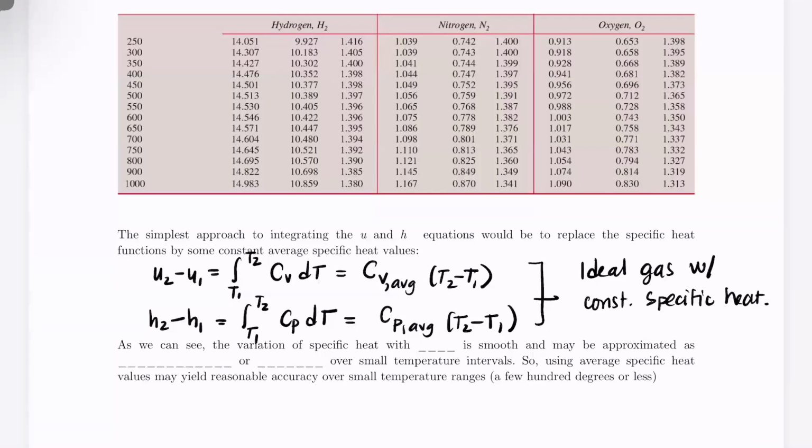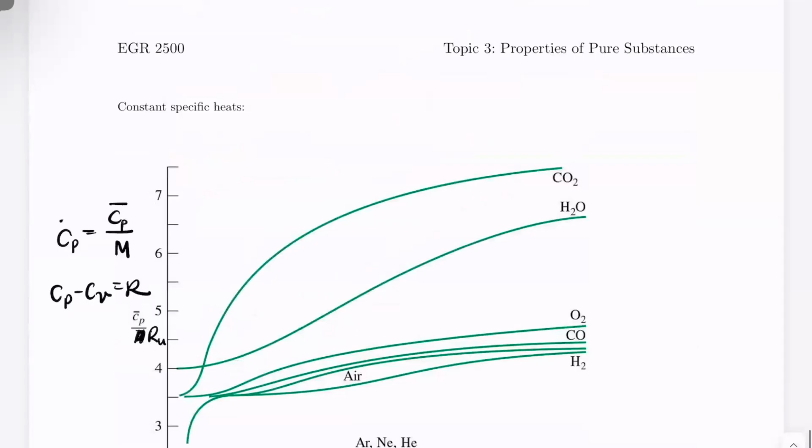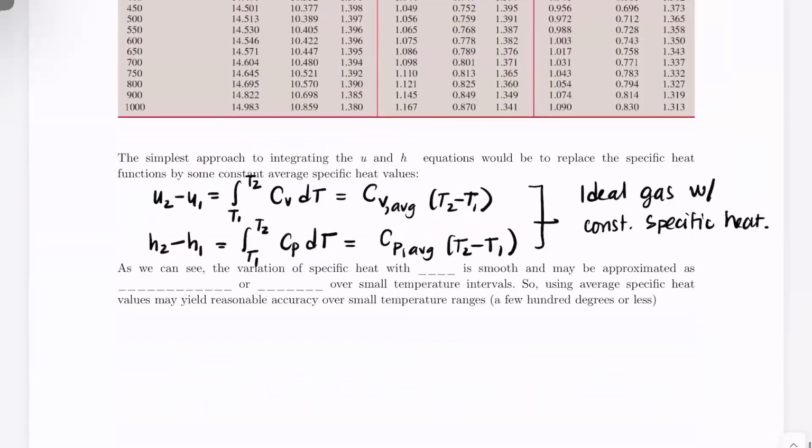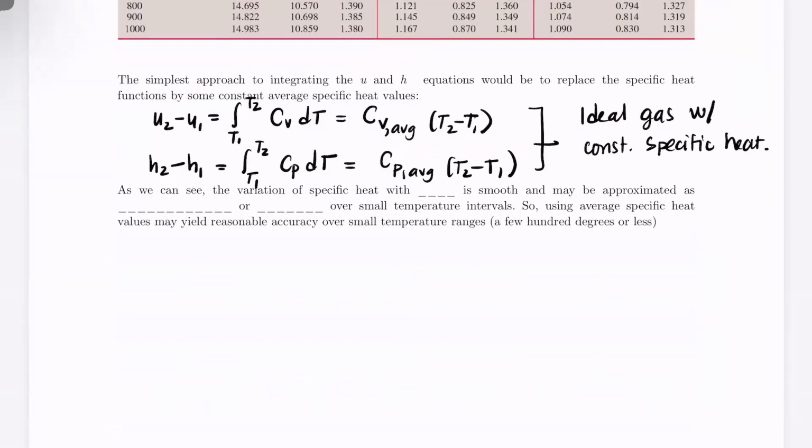Okay, so if we look at that plot up here, we can notice a few things about how CP changes with respect to temperature. So the variation of specific heat with respect to temperature is generally smooth, and we can approximate it as either a constant or linear over small temperature intervals.